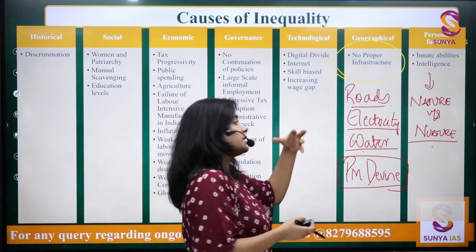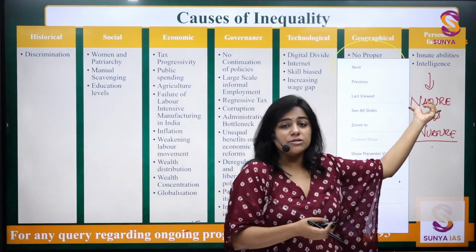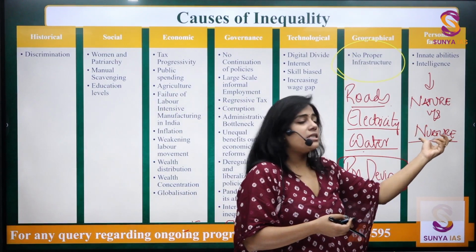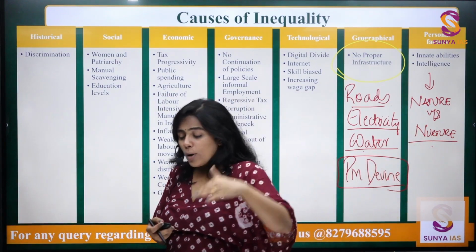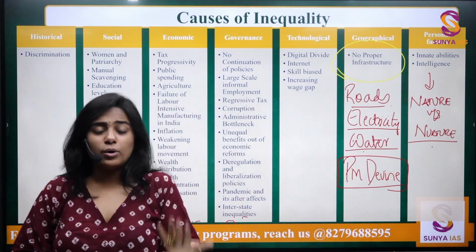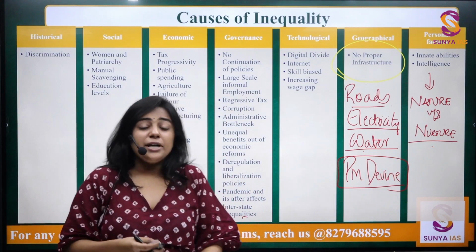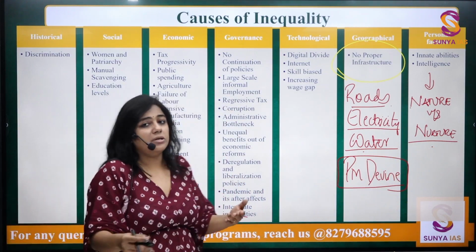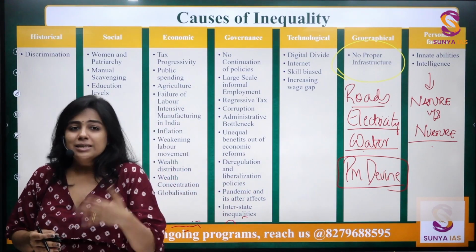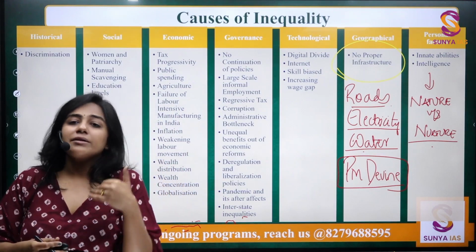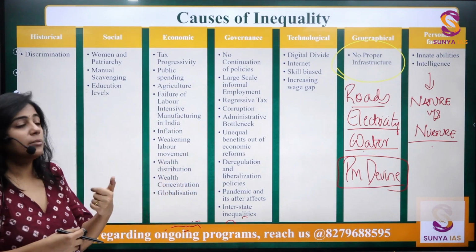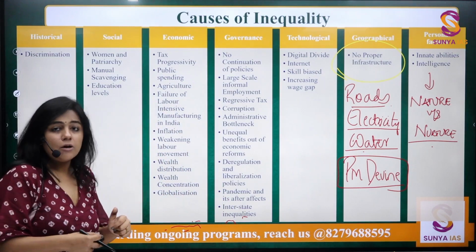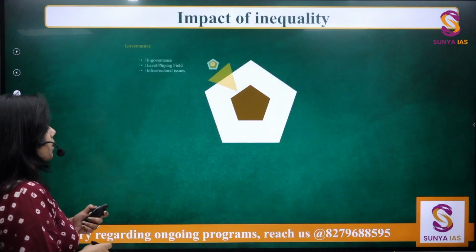It has been consistently said that yes, nature has a role, but the nurture aspect will always overshadow. If you are born in a slum, it will take you so many more years and so much more talent than someone who is born in a relatively affluent middle class or upper middle class family, right?